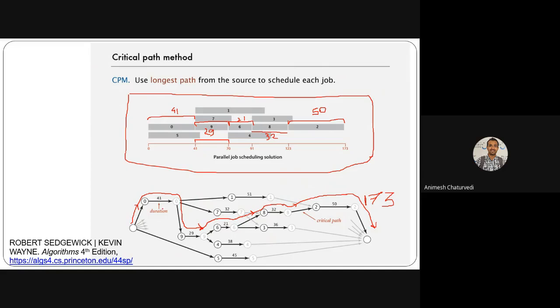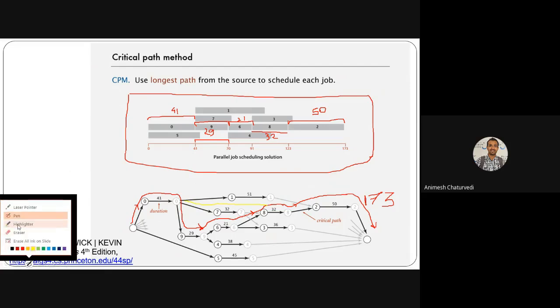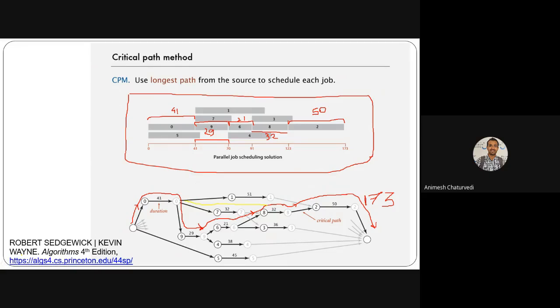And here if you choose 32, then it will become small. Because 32 is less than 29 plus 21.